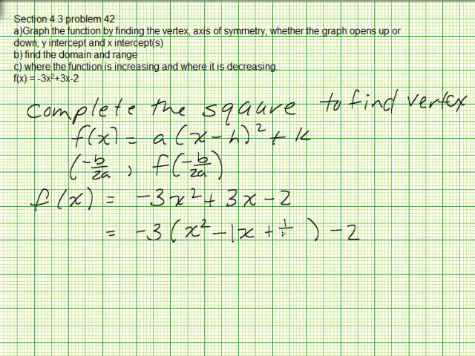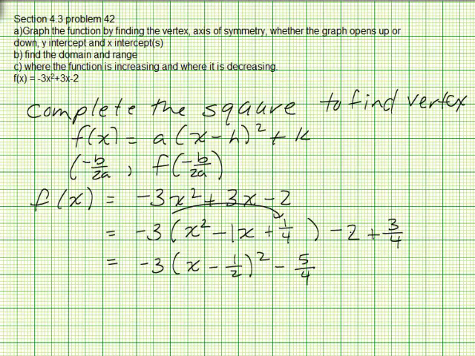And now we need to subtract that off to keep everything balanced, but that isn't just adding 1/4, it is adding negative 3 times 1/4, which is negative 3/4, so we're going to have to add here a positive 3/4. All right, so then we end up with negative 3, that's our a, times x minus 1/2 squared minus 1 1/4, which is 5/4.